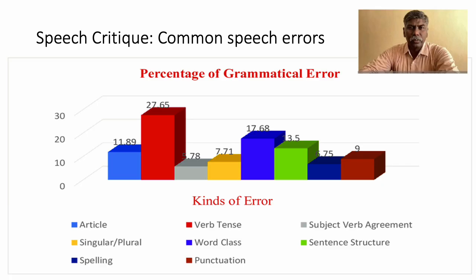The maximum error in the grammatical part is from verb tense. And the next higher level error in grammar is word class. Then usage of articles. So we have to be aware of the errors connected to grammatical sentences.